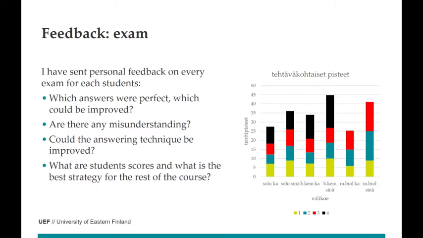And so the student can get the information immediately on how many points he or she got from individual questions. And so was it just that the question was more difficult than the others, and that's why he or she got a little bit fewer points from the answer, or was there some misunderstanding?